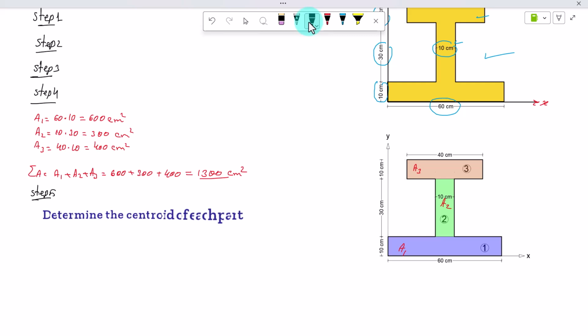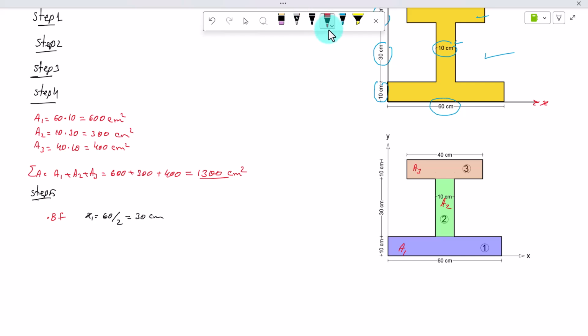In this step, we can determine the centroid of each part. Now we can write for the centroid of bottom flange. x1 equals 60 divided by 2 equals 30 centimeters. It is half of the bottom flange width from the origin.